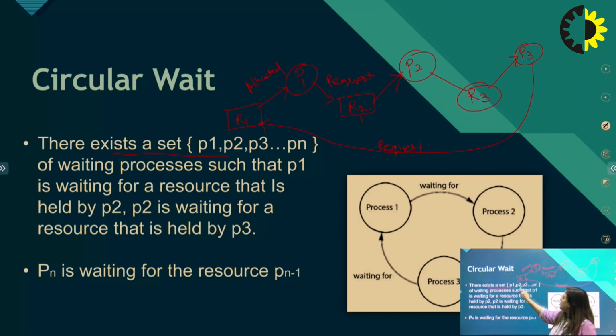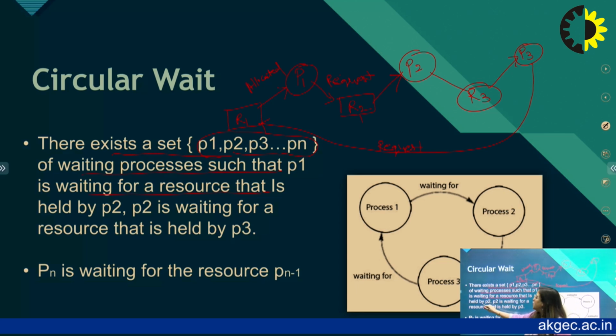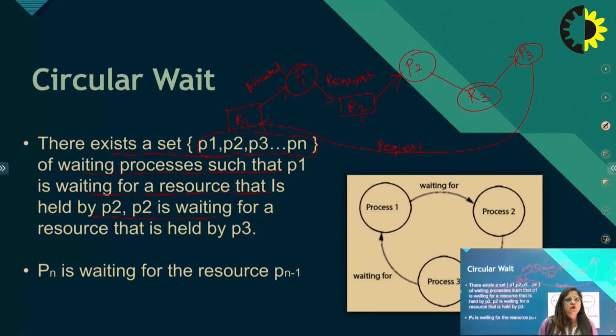There exists a set of different processes, each waiting for a resource that is held by another process, so they are waiting for each other. In this way, the last process wants to use R1, and the circular wait condition occurs.